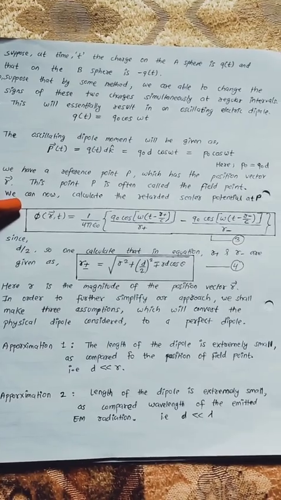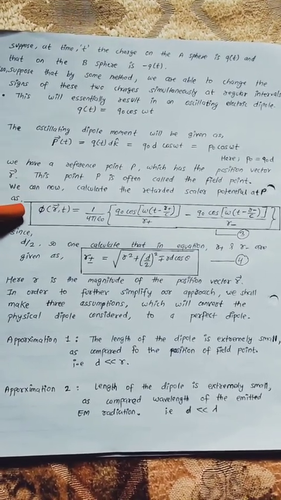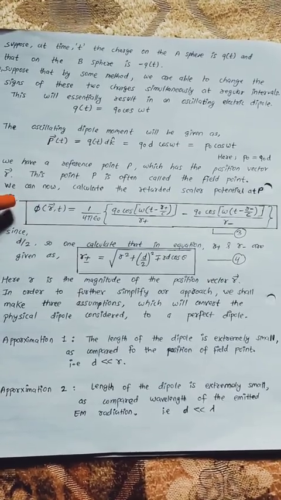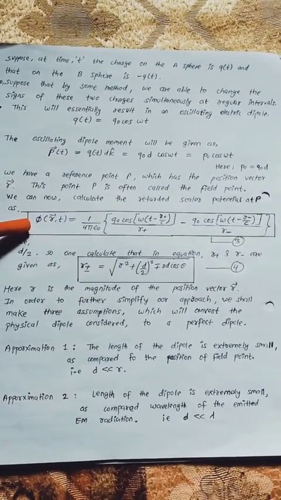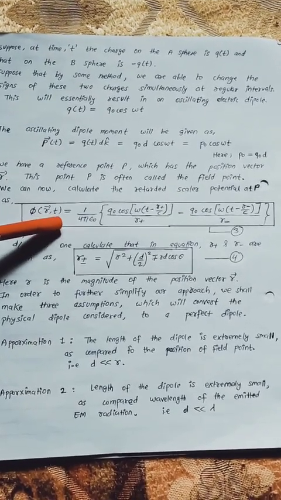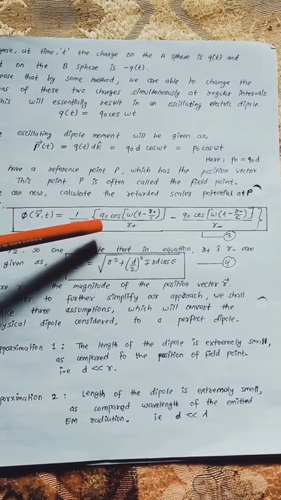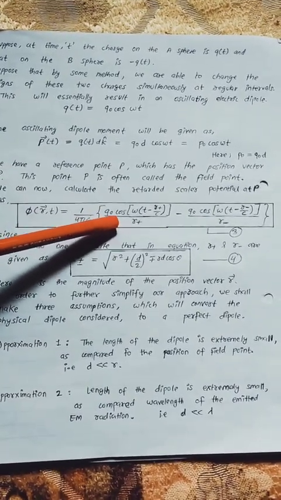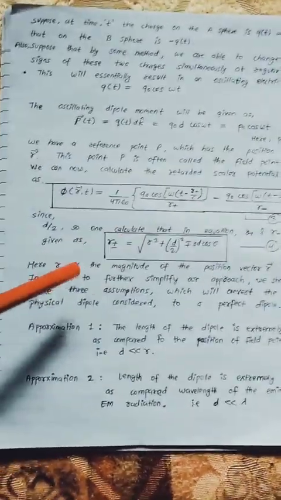We can now calculate the retarded scalar potential at P as V(r, t) equal to 1 by 4 pi epsilon naught. This is for the positive q sphere and this is for the negative q sphere.